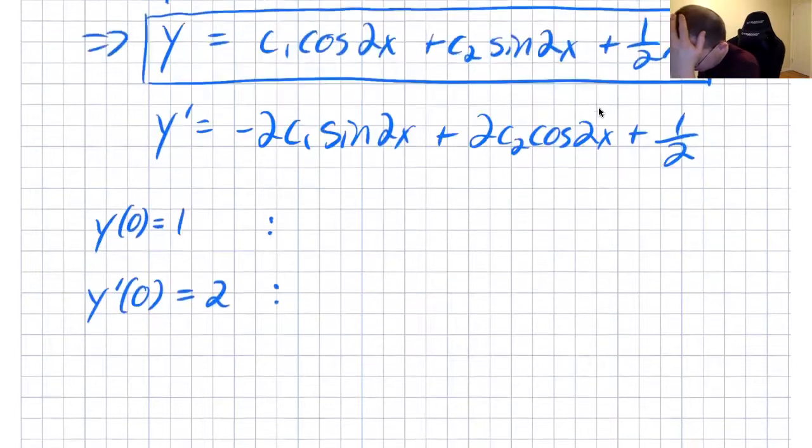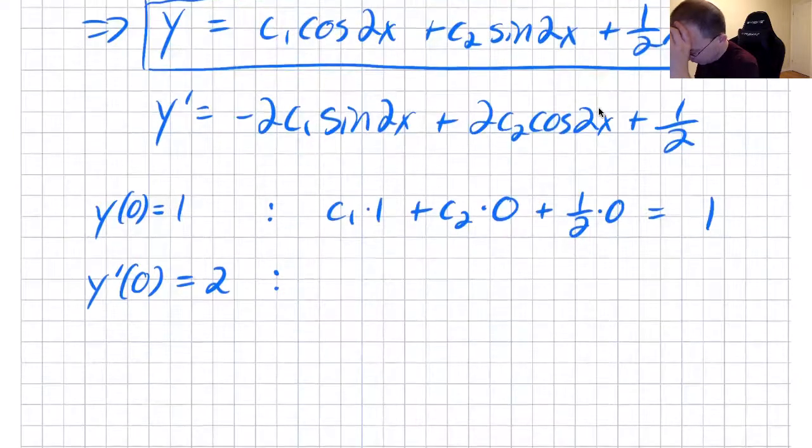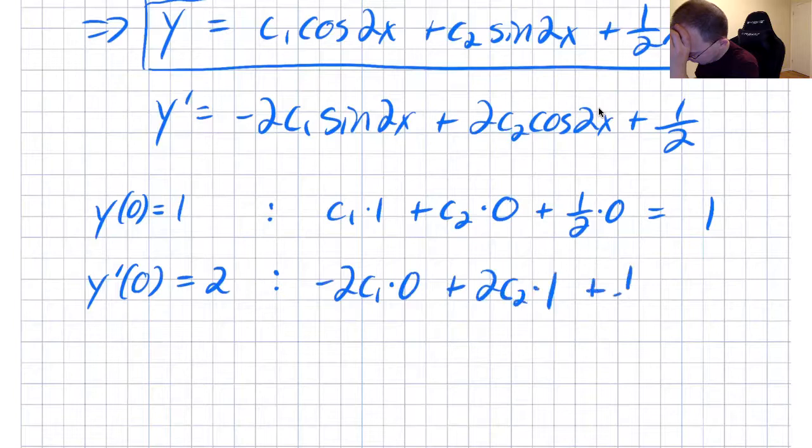So y of 0 equals 1. So when I substitute 0 in, I get c1 times cosine of 0 is 1. Sine of 0 is 0. And this will be 0. And that's equal to 1. And then the derivative equals, let's see, so substitute 0 into the first derivative. So we'll get minus 2c1 times 0 plus 2c2 times 1 plus 1/2 equals 2.